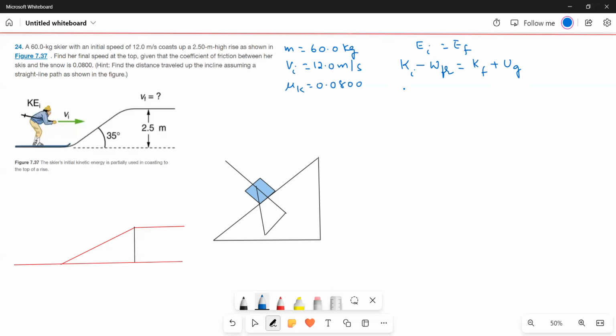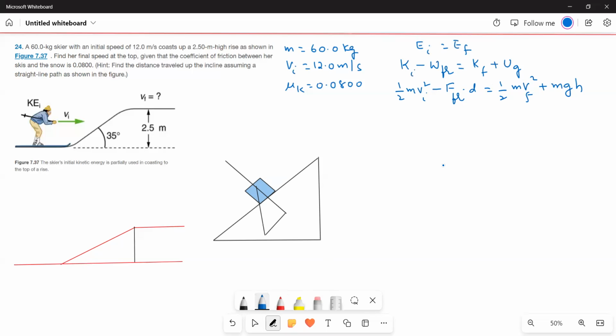Now K initial is equal to half m vi square, minus the work done by friction, which is F friction times distance, is equal to half m vf square plus mgh.